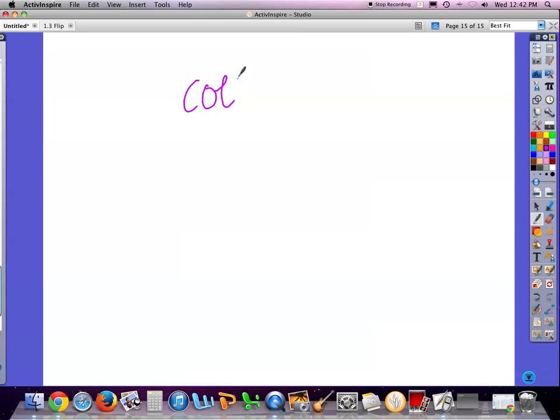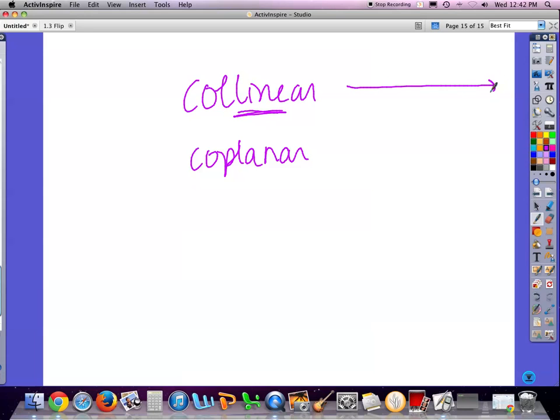Collinear and coplanar, what's the definition of those? Not necessarily that you have to give the definition on the test, but you have to use this definition, or it may be used in a question, and you have to know what that means. Collinear has line. So if you have a line, it means you have many points, 2, 3, 4, 5 points in a line, then you say those points are collinear.